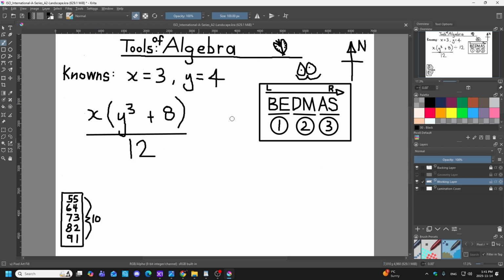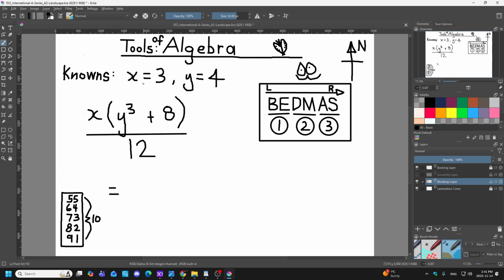Writing it also in fraction form creates organization in your mind. You can clearly see what belongs where. So the numerator part belongs to itself, and the denominator part belongs to itself. They're separate or independent of each other because of this fractional line. Let's substitute.